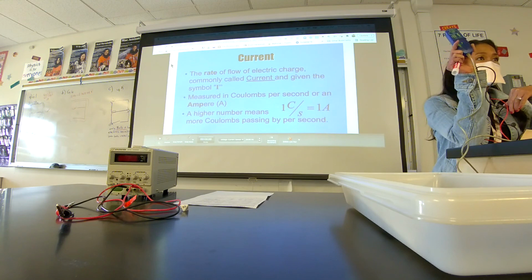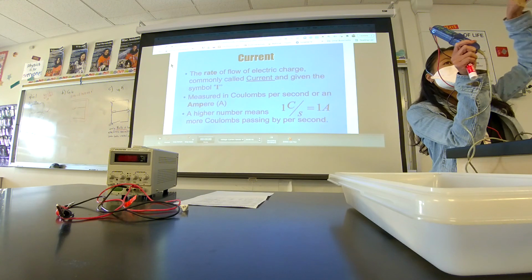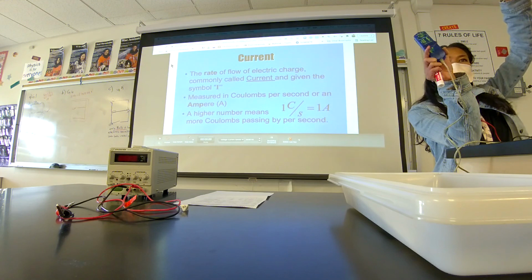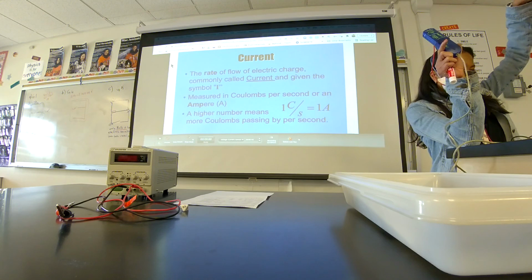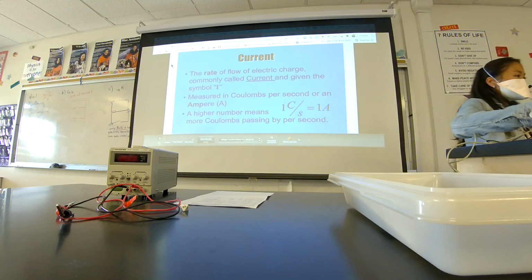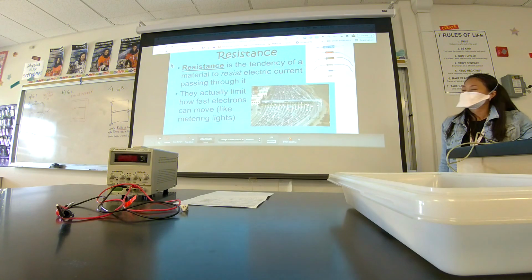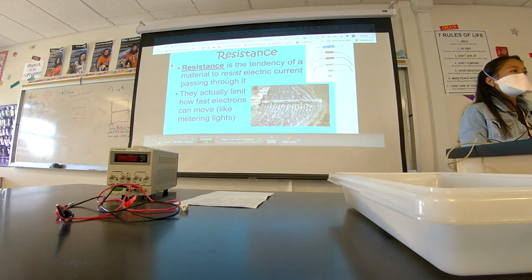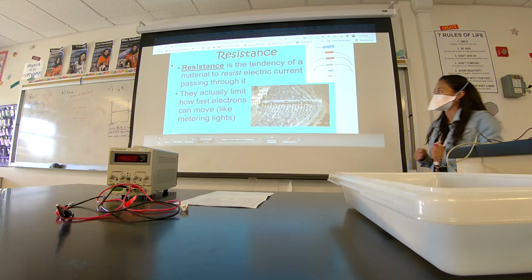Ammeters measure current. Voltmeters measure voltage. I actually added that as number 10. Ammeters and voltmeters measure current and voltage. I don't have the definition, but it's pretty obvious from the name, right?